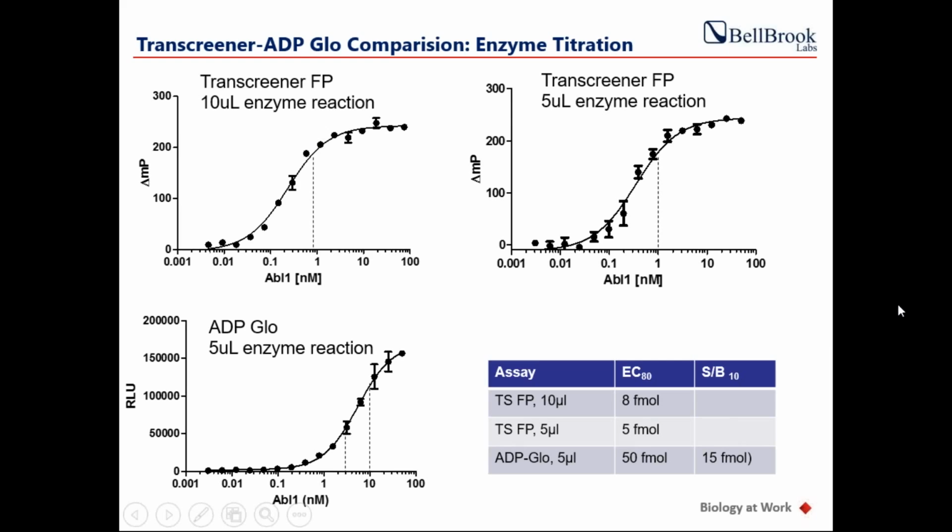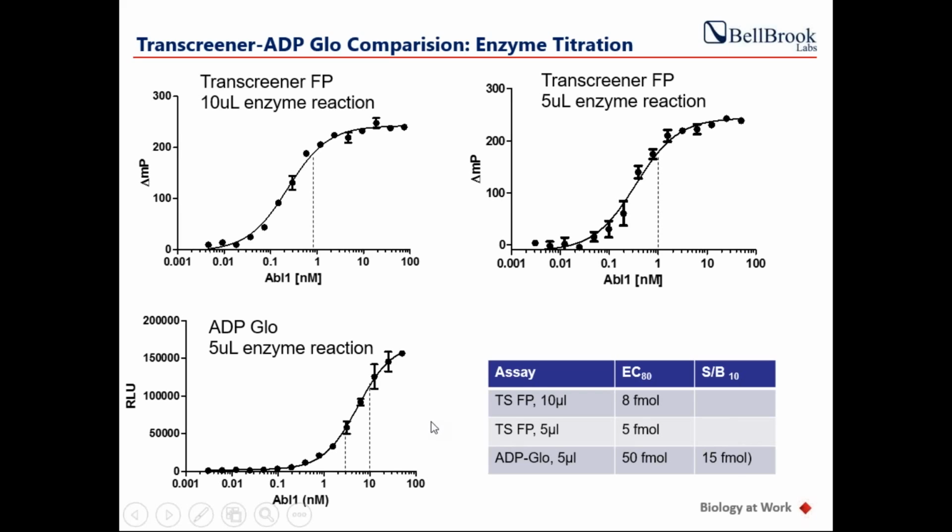And the other difference is that we recommend using what we call the EC80 concentration of enzyme. That is the concentration of enzyme that gives you about 80% of your maximum signal, and that's indicated here by the dashed lines. Because we know that A, you're getting a very good signal. You can see that it's almost 200 millipolarization units, and B, at that enzyme concentration, you're getting somewhere around 10% conversion, which is where you want to be in terms of your initial velocity.